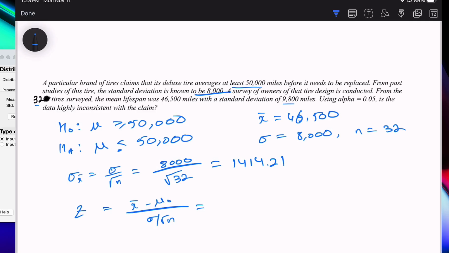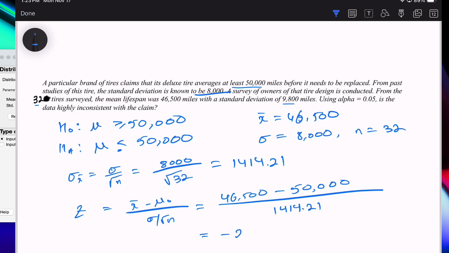We have 46,500 minus 50,000, which is our population mean, divided by our standard error, 1414.21, and this equals minus 2.47.